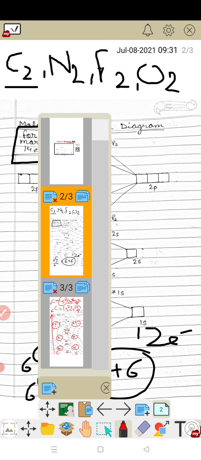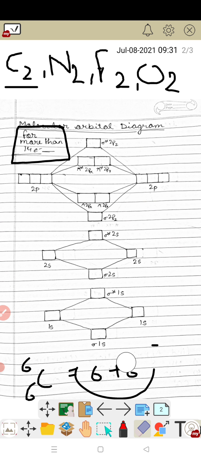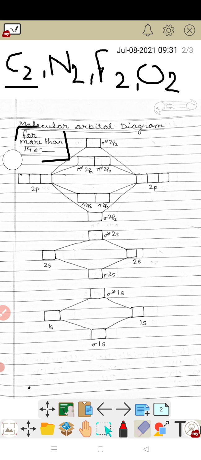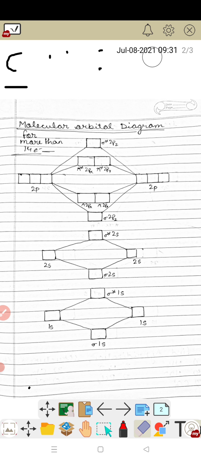and for more than 14 electrons, like O2.